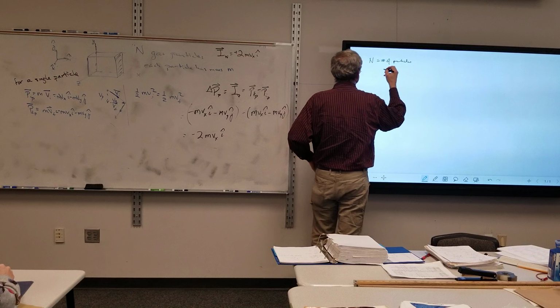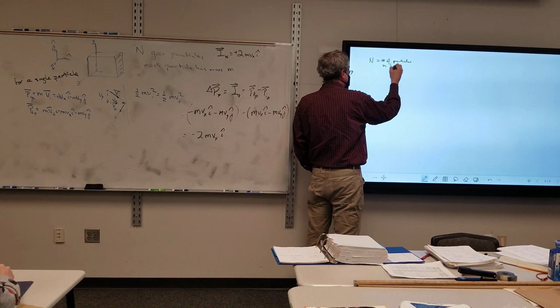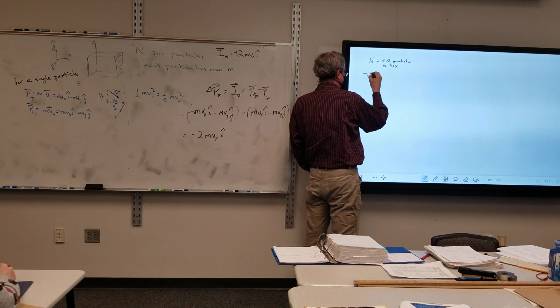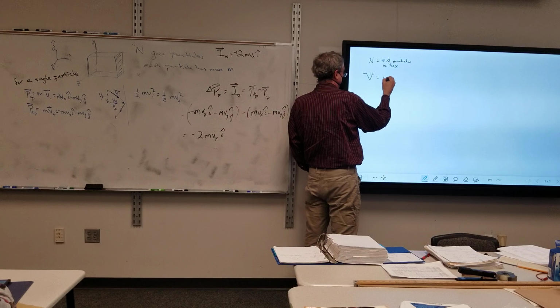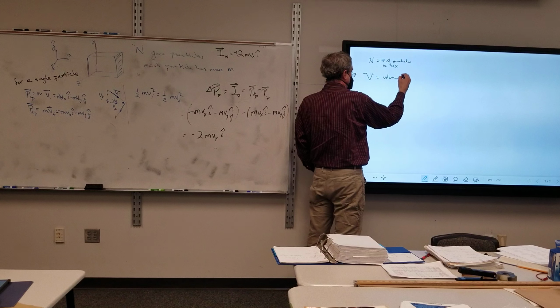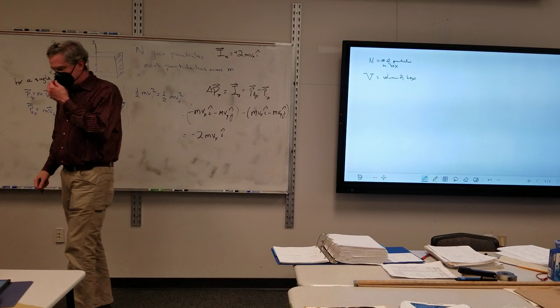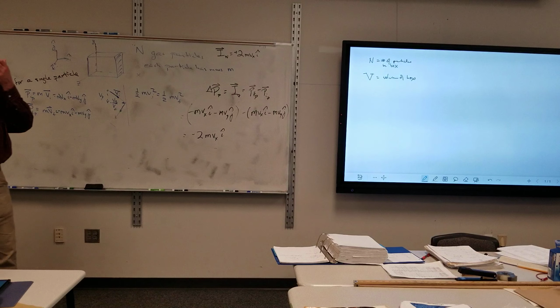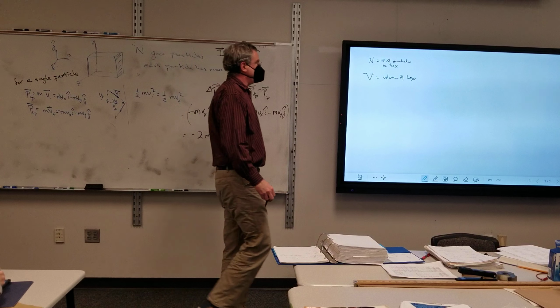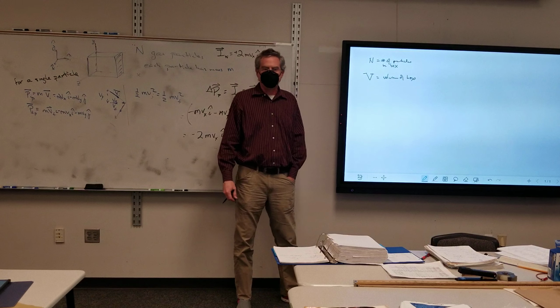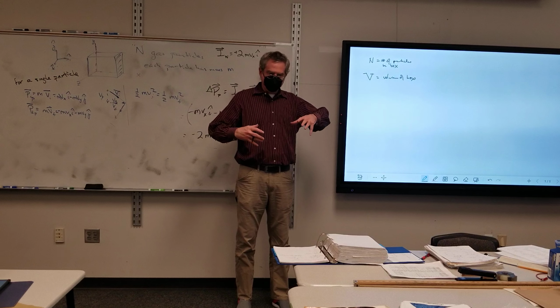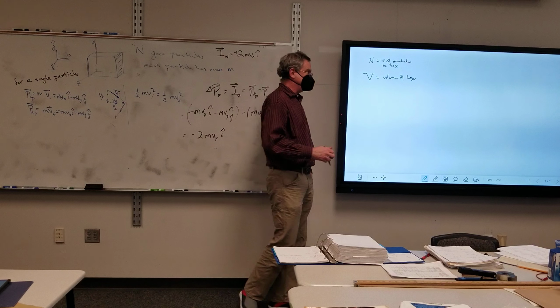Which I wrote over there, N is the number of particles in the box, and V is the volume of the box. I'm making the assumption that it's a uniform distribution, which is a reasonable assumption unless you're dealing with something so large that gravitational forces start to matter.